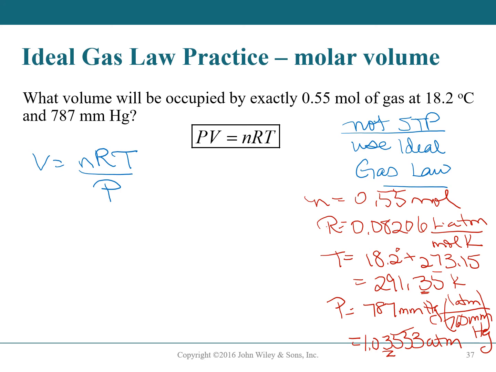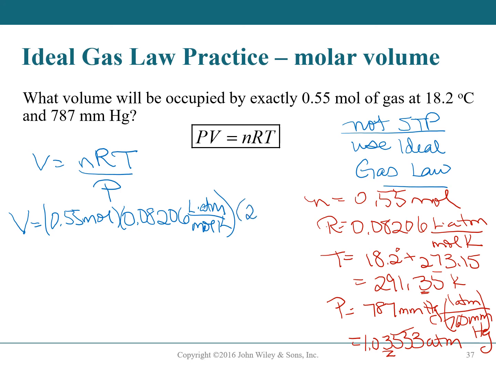Now that we have all our values, we can go back to our equation and put in our values. 0.55 moles, 0.08206 liter atmospheres per mole Kelvin, and the temperature is 291.35 Kelvin.